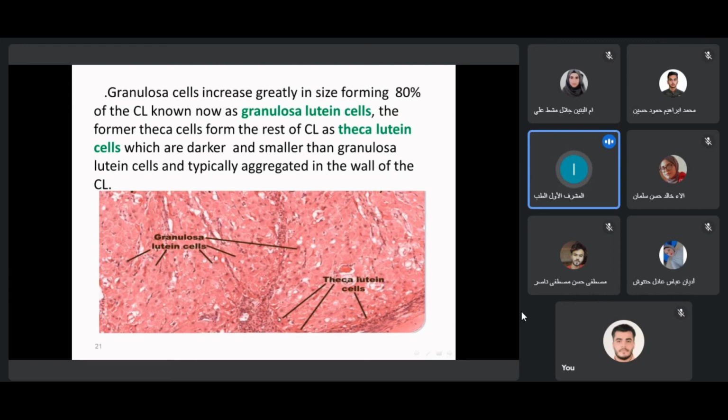The darker staining cells are the lutein cells, and the larger cells are about double the size of the theca cells. The darker staining cells are concentrated, as you can see, within the folds of the wall of the corpus luteum.